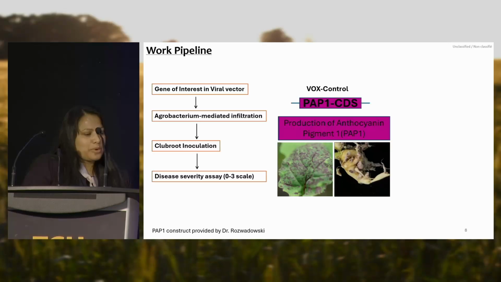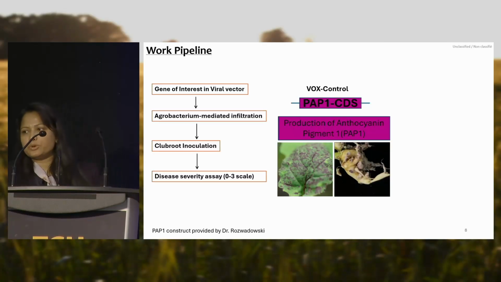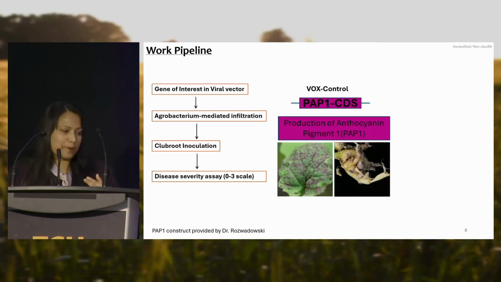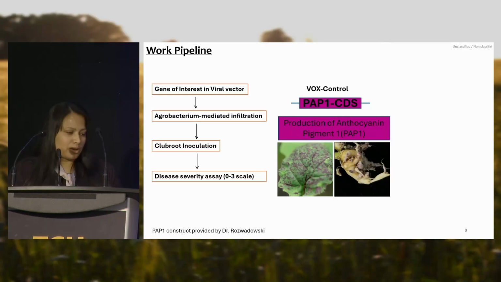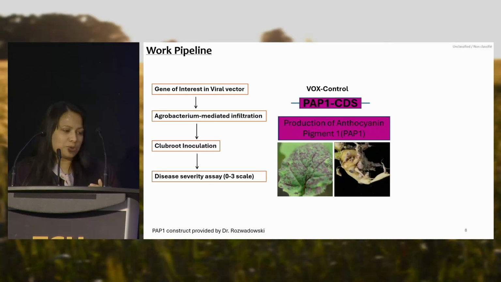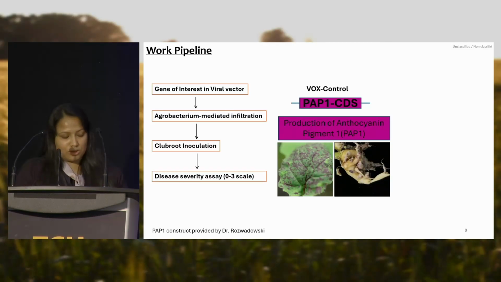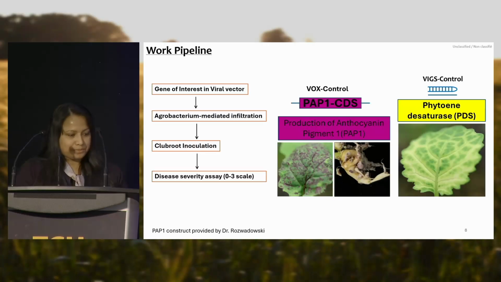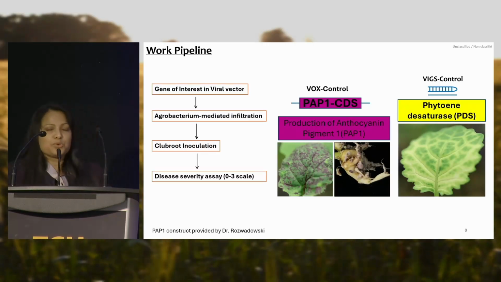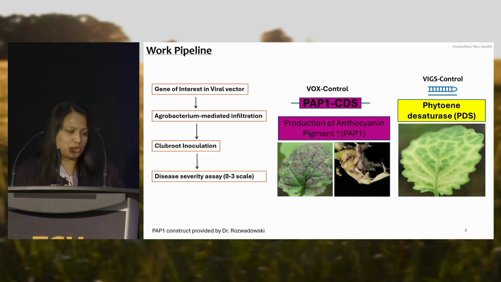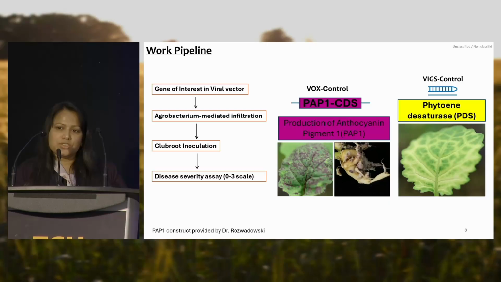To confirm our virus system works, we used two different markers. For overexpression, we used the PAP1 gene, which produces a purple phenotype on the leaves and roots. For VIGS, we used PDS as a control, and silencing this gene produces a bleaching phenotype.